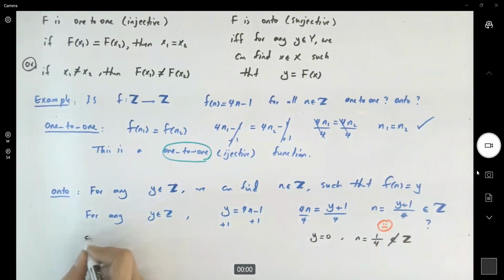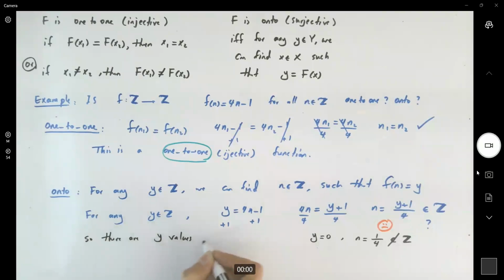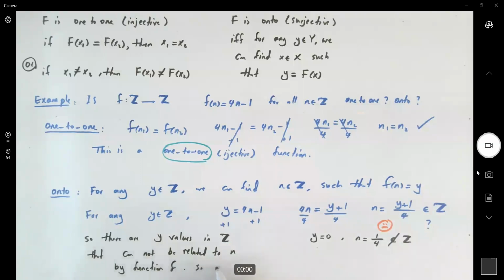So there are y values in Z that cannot be related to n by f. So it is not onto.